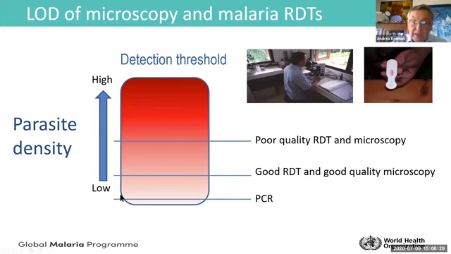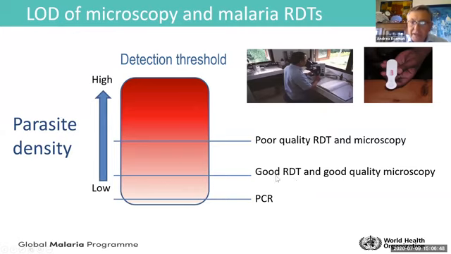And we don't need this level of detection for malaria infection, because we have a lot of studies which have shown that for patients, when they come to health facilities, most of them have 200 parasites and above.